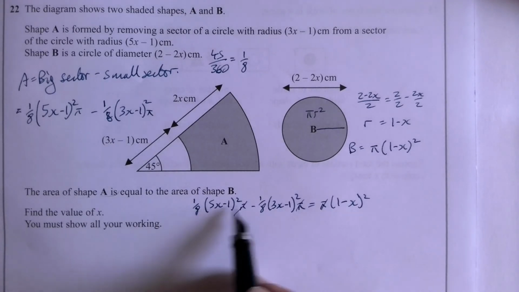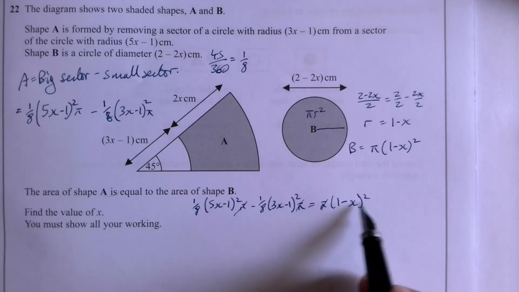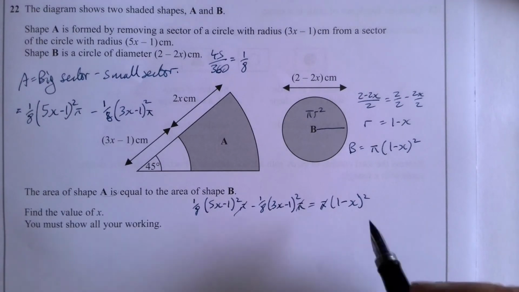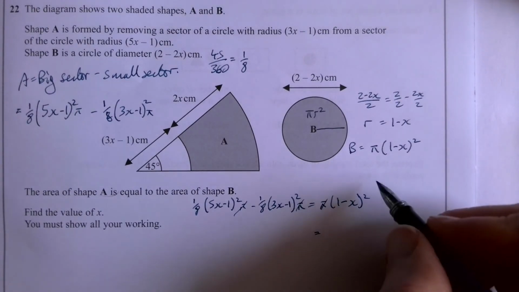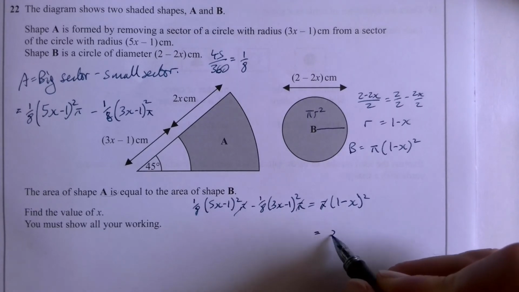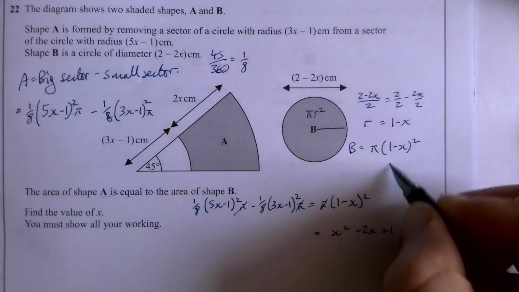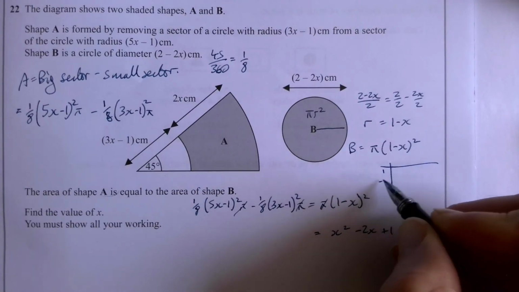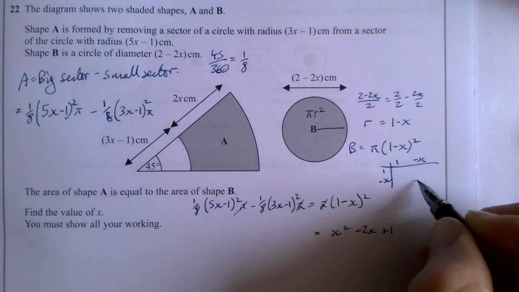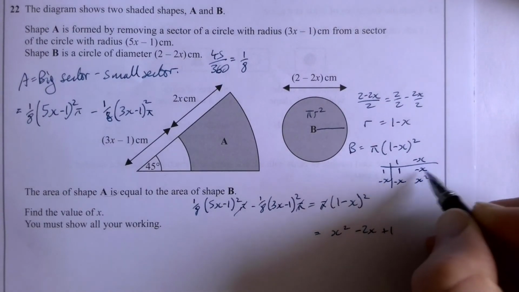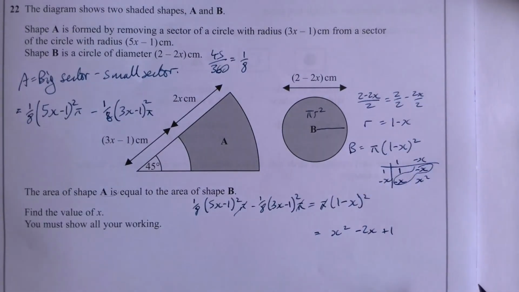Let's go one stage more. Let's expand all of our brackets. That's going to get you another mark. We've got 1 so far. So expanding the brackets is going to give us x squared minus 2x plus 1. If you're not sure about doing that, 1 minus x, 1 minus x, gives us x squared, gives us 1, gives us minus x, gives us minus x, adding those together.